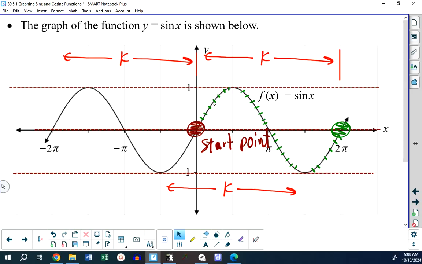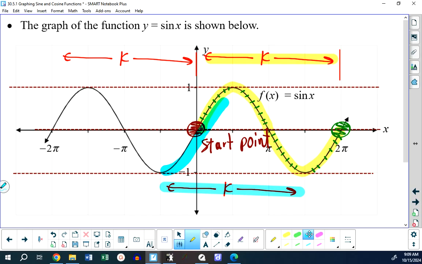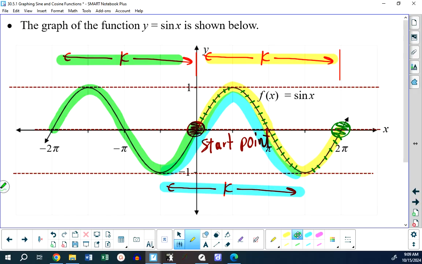When we take a look at this one highlighted in yellow, the graph goes up, down, down, and up, 4 sections. When you take a look at this one highlighted in blue, the graph goes up, up, down, and down, 4 sections. This one over here, green, I guess, up, down, down, up. A period has to cover 4 pieces to get that curve.